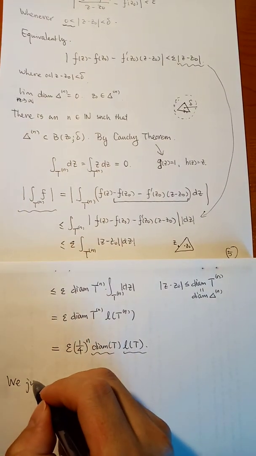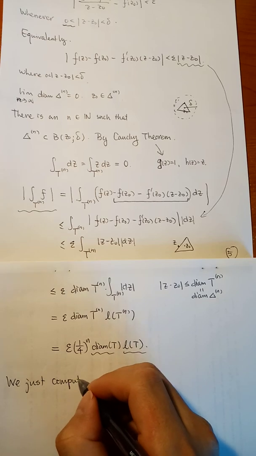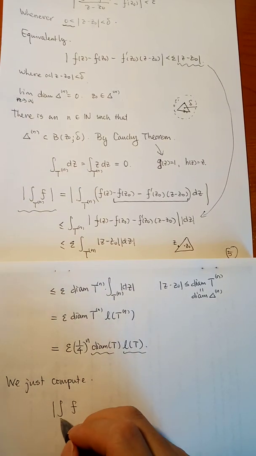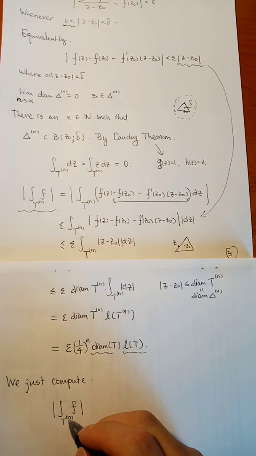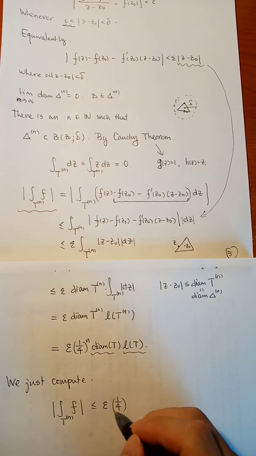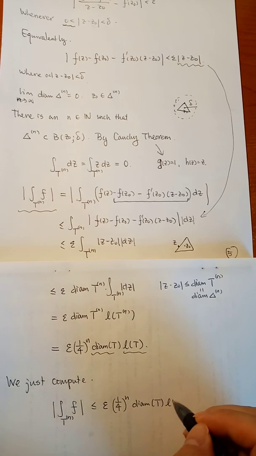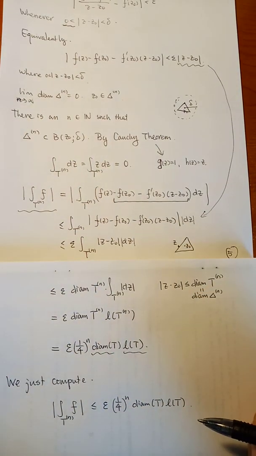We just computed the absolute value of the integral of f along Tn is less than or equal to epsilon times 1/4 to the n, the diameter of T, the length of T. So this is what we just computed.